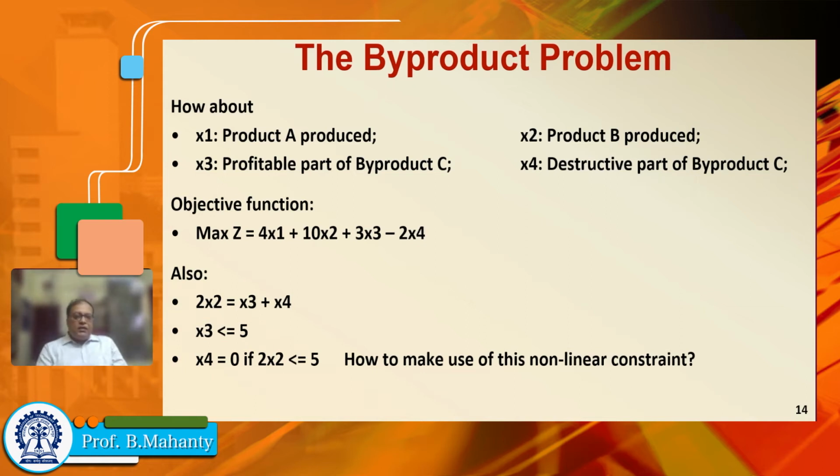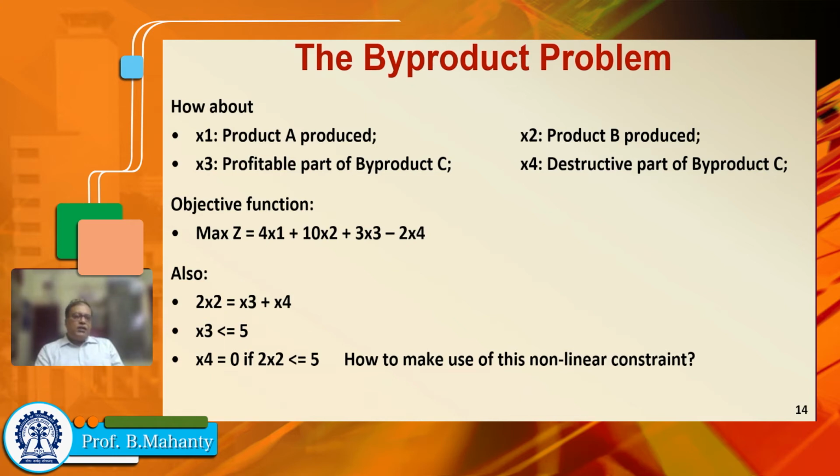But look here, there is a nonlinear constraint also, and this constraint is most crucial because that makes the problem nonlinear again. So what is that constraint? You see, suppose x2 equal to 5. All right. So if x2 equal to 5, then 2x2 equal to 10.